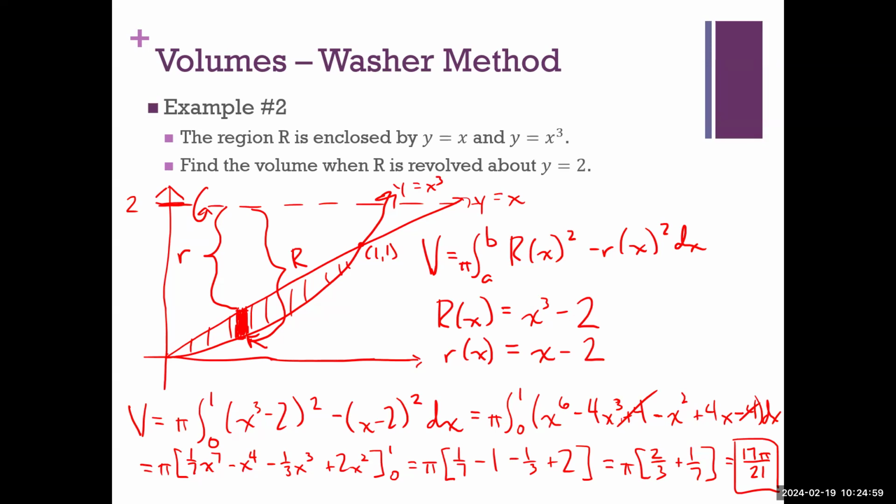Right, so we have to account for the fact that the radius is not just equivalent to the function anymore. So we had to subtract 2 off of both of them. But from there, I think the way you handle the integral should be pretty much identical. Once you have those radii defined, then you can attack the integral the way we have been doing.